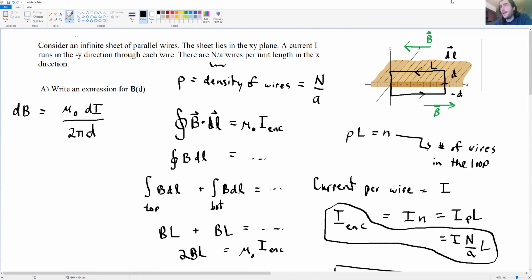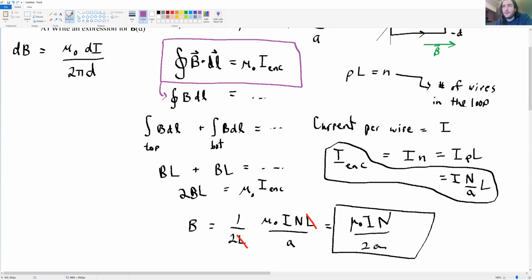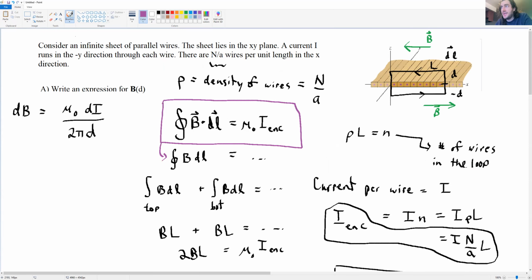So set up Ampere's law, right? And then think about what's going on both sides here. So I started with the magnetic field side. So I took a look at this dot product. B and dL are parallel, so it gets rid of that vector stuff. Notice there's two parts: there's a top and a bottom, so I broke it down into top and bottom here.